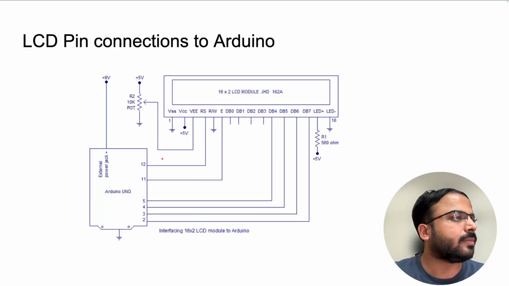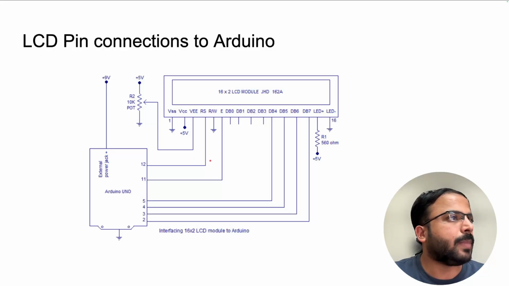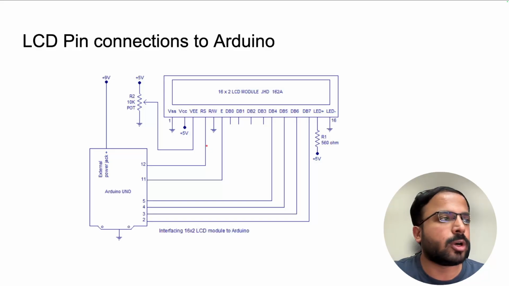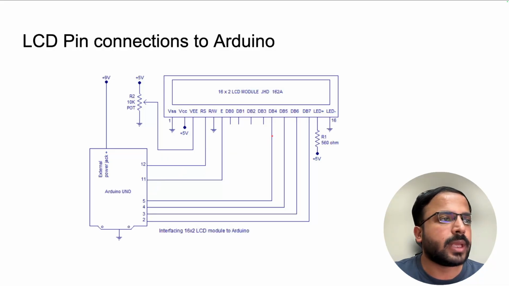Let's move ahead. I wanted to display this pin mapping from Arduino to LCD, because there are many pin connections, and you may forget which pin to connect to which pin of Arduino. We said we are going to configure today in 4-pin mode, so we use 4 data pins: D4, D5, D6, and D7.